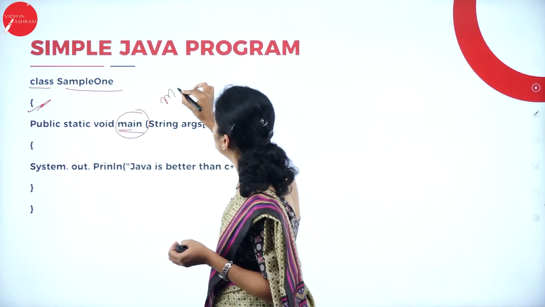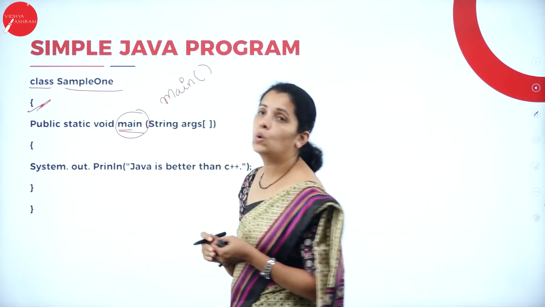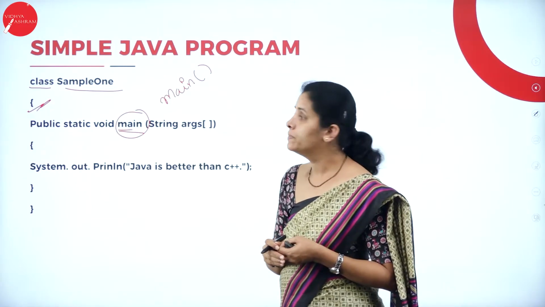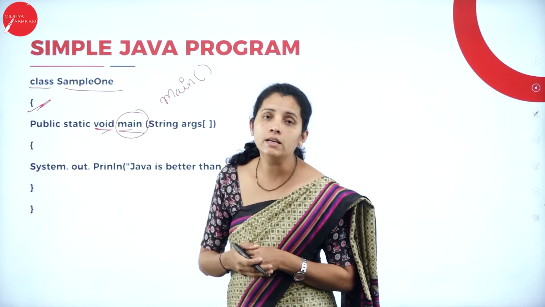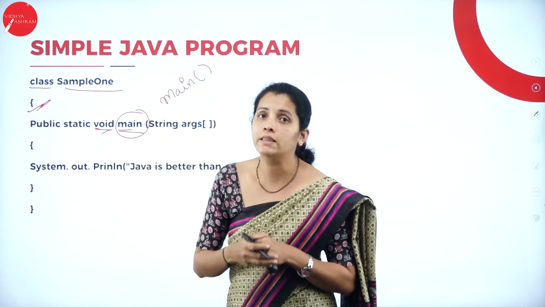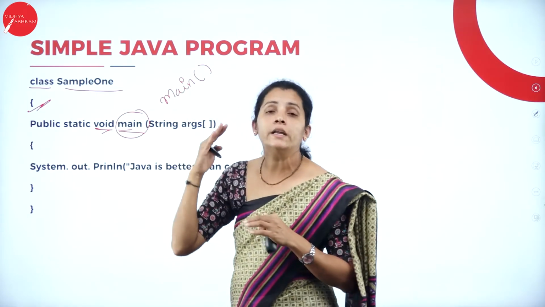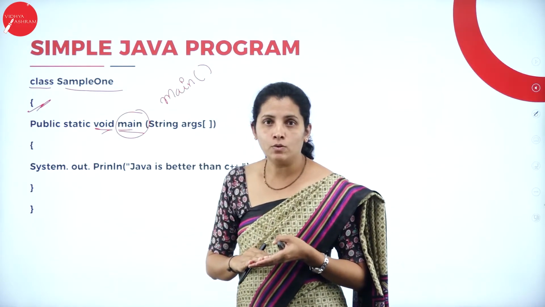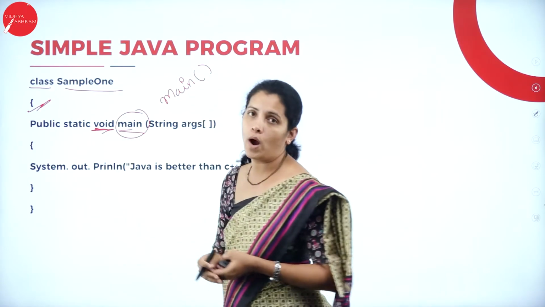How am I going to write it? That is main, with opening and closing parentheses. Then what is void? Here void is used to indicate that the main function does not return any value, and that is indicated by the keyword void.